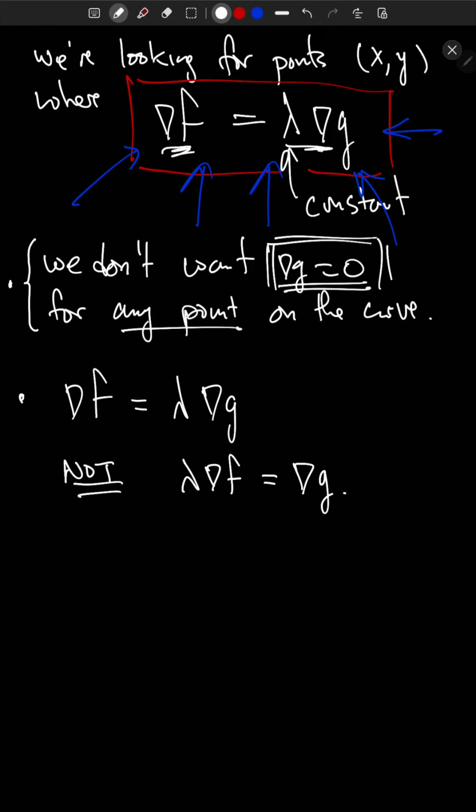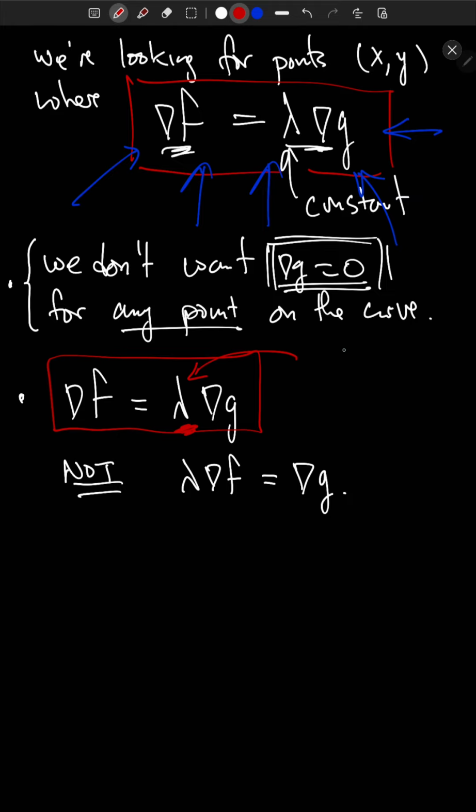Seems like there is no difference, and most of the time, in a way, there is no difference. Because if lambda, in the equation that we actually want to work with, were 3, then I could just throw it to the other side and get 1/3 of gradient f equals gradient g. So it seems like it's the same problem. But it's not, because there's the special case where lambda is 0.